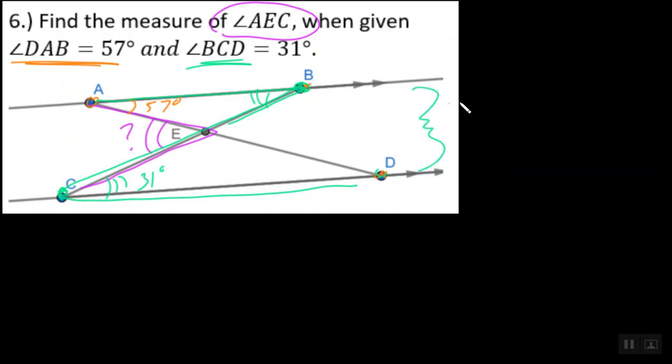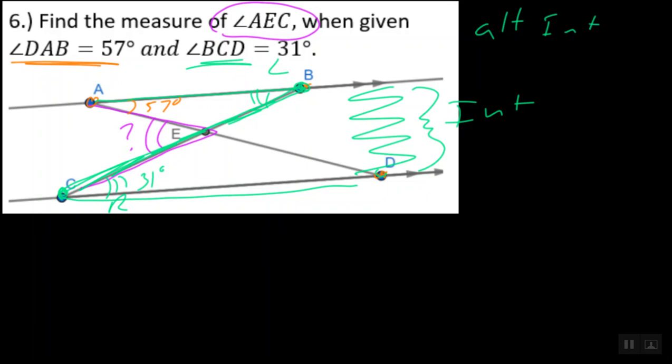Because they're both on the interior, they both fall in between these two lines, and on this transversal, this one is on the left, this one is on the right. So what I have are a pair of alternate interior angles, and I know that those are congruent. So that means that this right here must also be 31 degrees.